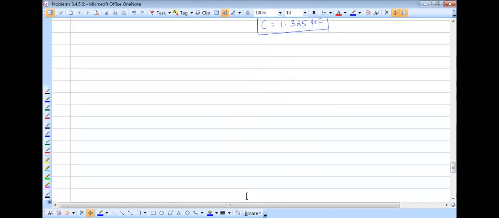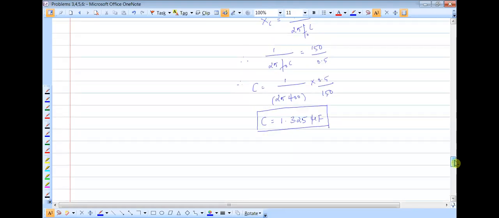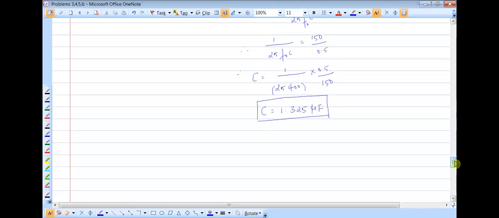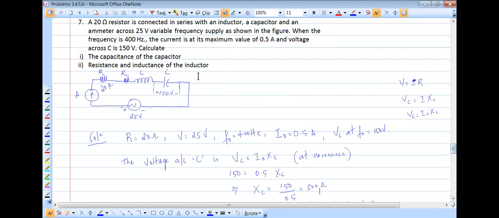The hint is Xc, the reactance of the capacitor, is known at resonance. So how can I find out L? How did we find out C? We found out C by understanding that the voltage across the capacitor is 150 volts. So that is how we proceeded.